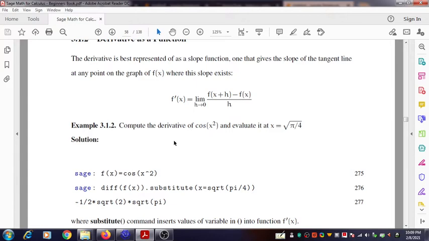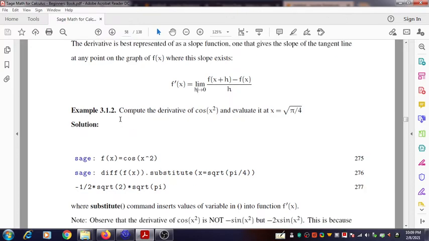That was the content of the previous discussion, but now we are going to see some direct method of obtaining the derivative. Here you can read the question: compute the derivative of cos x square and evaluate it at the point x equal to square root of pi by 4.